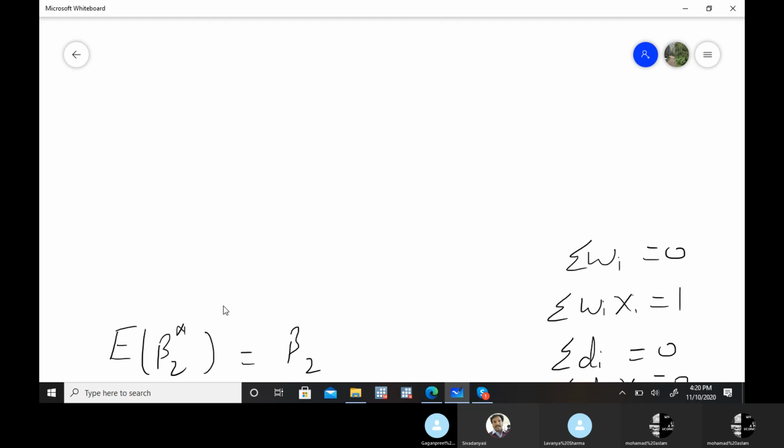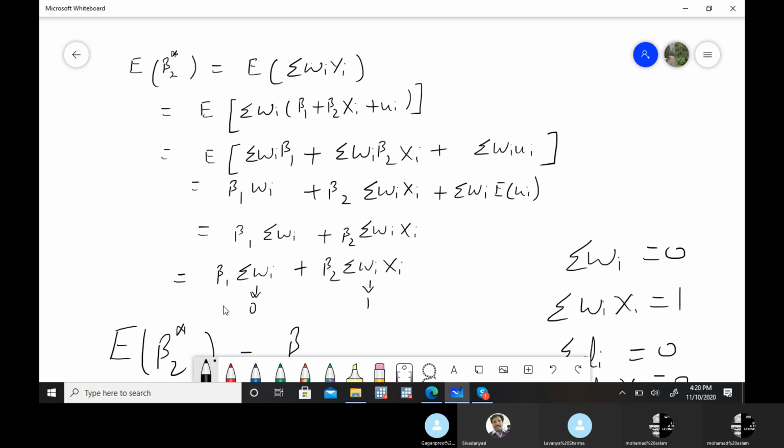But the meaning of minimum variance, or efficient estimates, is that if we have an estimate of beta 1 hat or beta 2 hat from any other method except OLS, the variance of the OLS estimate is minimum. Let me explain it with the graphical method.